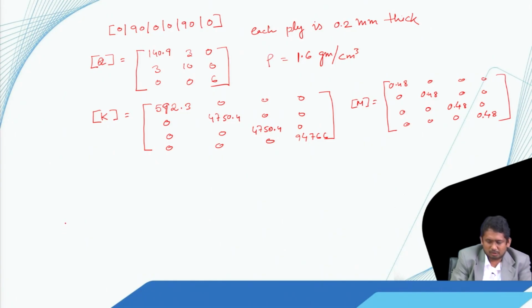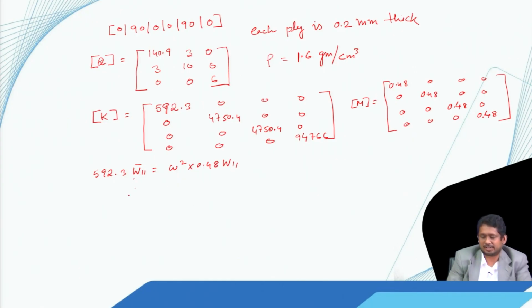So, after we solve it, we get 4 values of omega square. In fact, we can see that each equation is uncoupled. For example, in the first equation we can write 592.3 multiplied by W11 bar is equal to omega square multiplied by 0.48 W11, and likewise we can write for all the separate equations.